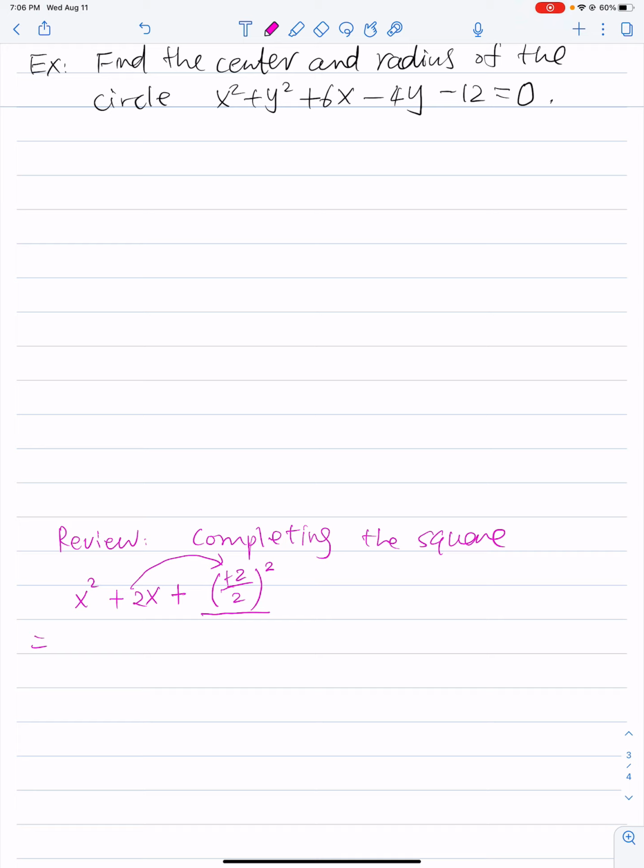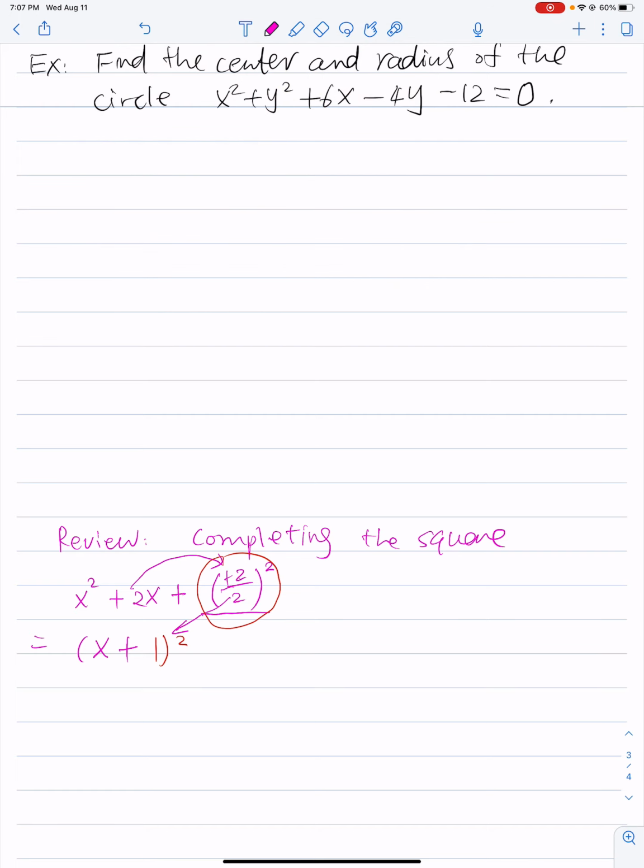So what will be the perfect square? It will be x plus whatever is inside here. Plus 2 divided by 2 is 1, squared. So you always add this term.